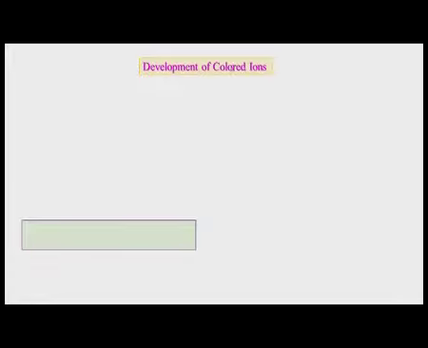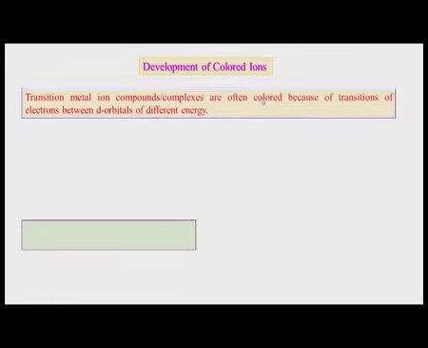When ions are in solution, they give rise to some coloration which is different from that of your s block and p block elements. That means, if we have sodium chloride in solution, we cannot see any color, but if we have nickel chloride or copper chloride in solution, we have the corresponding color.